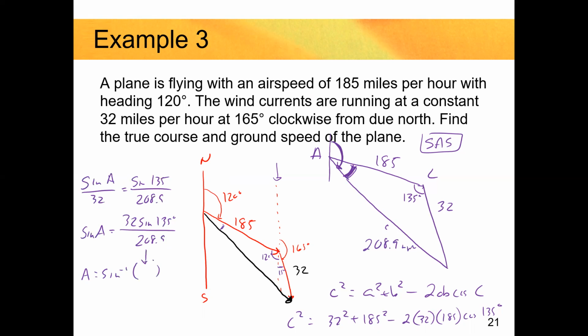Anybody with that answer? I don't know if this is right, but I got 6 degrees. 6 degrees, sounds about right. Anybody else can try it? Make sure you're in degree mode. Verify that one.